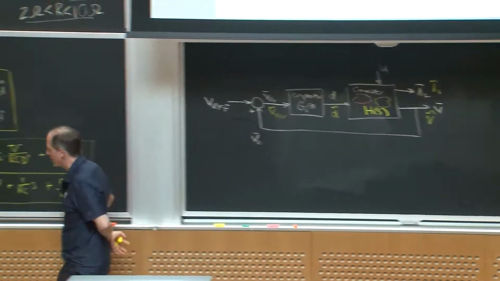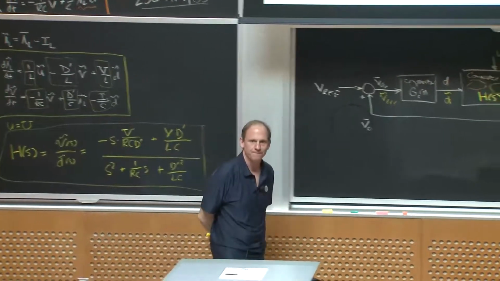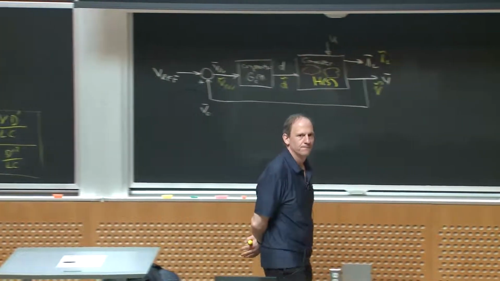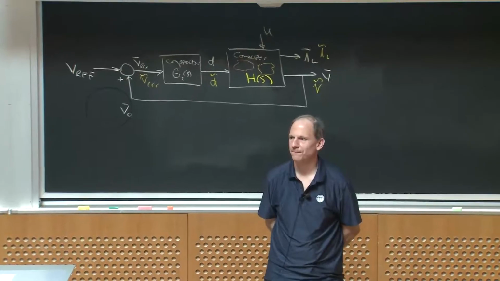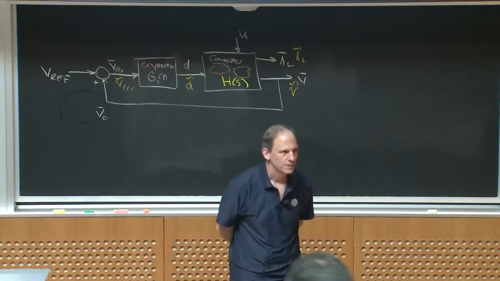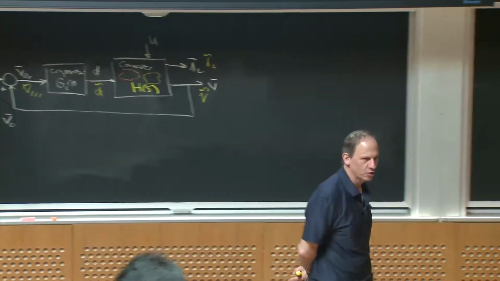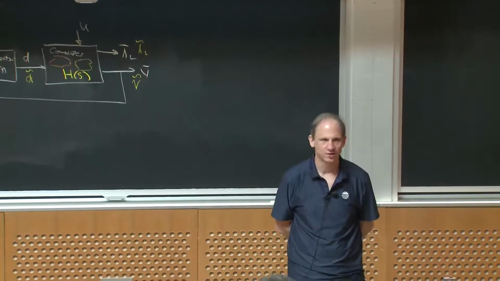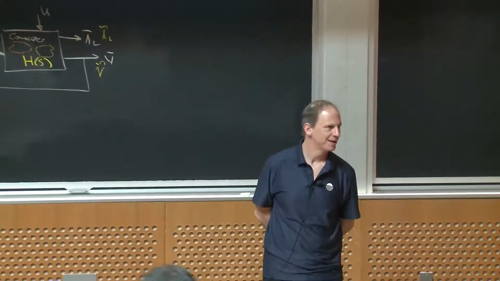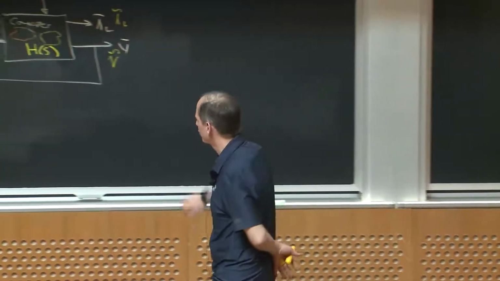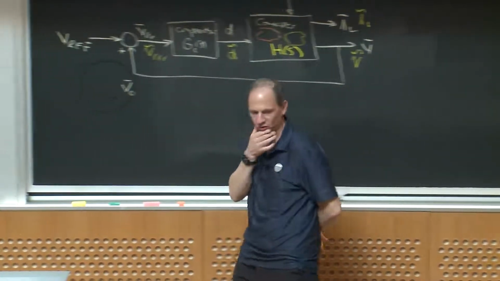These are the steps we kind of covered in the last couple lectures. Okay, so I've derived my switched equations, then I've averaged them, then I've linearized them, and now I have a transfer function, and I can start to think about my converter control.